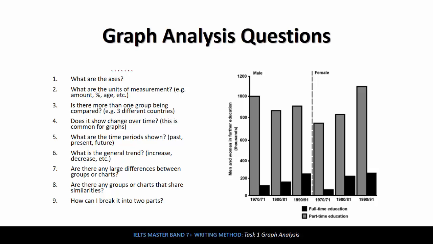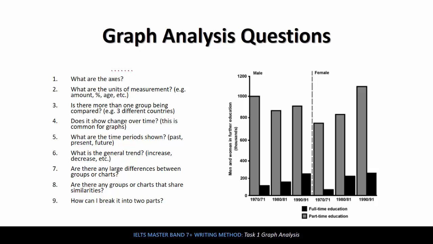The x-axis, we have 1970/71, and then we have it twice. Now, when it says 70 to 71, this is actually a school year. So knowing this, you wouldn't want to write only 1970, but you could write the 1970 school year. On the other hand, you could write 1970 to 1971.